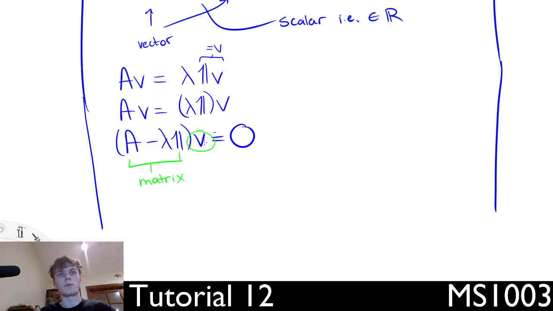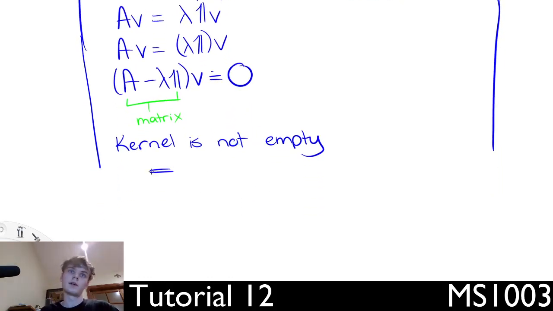The matrix maps it to 0 when it itself isn't a 0 vector. So the kernel is not empty, there's at least something in there, specifically v. And some of you might remember that if the kernel is not empty, the next step in this logic chain would be: the kernel is not empty, so A is not invertible.